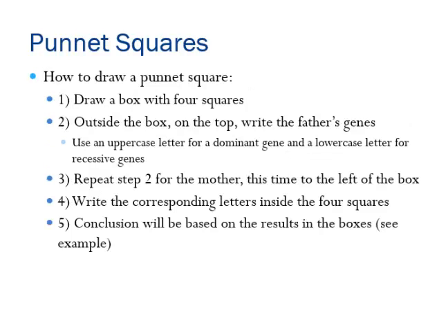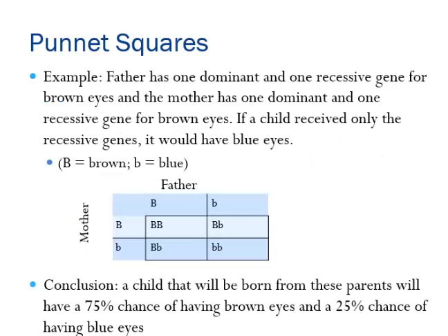The easy way to draw a Punnett square is to draw a box with 4 squares, and for each possibility, you draw them on top and on the side. I'll put that as an example, because without an example, it's impossible to figure out what that means.